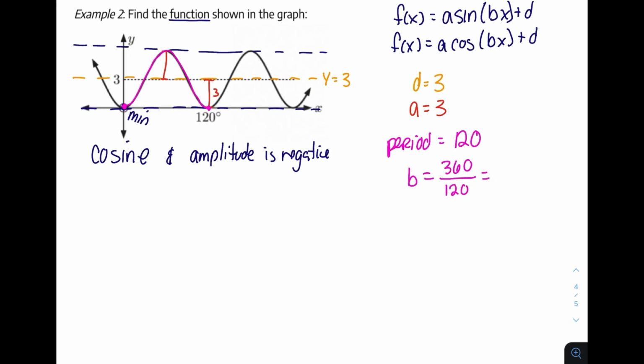Therefore, the value of b is going to be equal to 3. So putting all this information together, I get that this function is y is equal to negative 3 cosine of 3x plus 3.